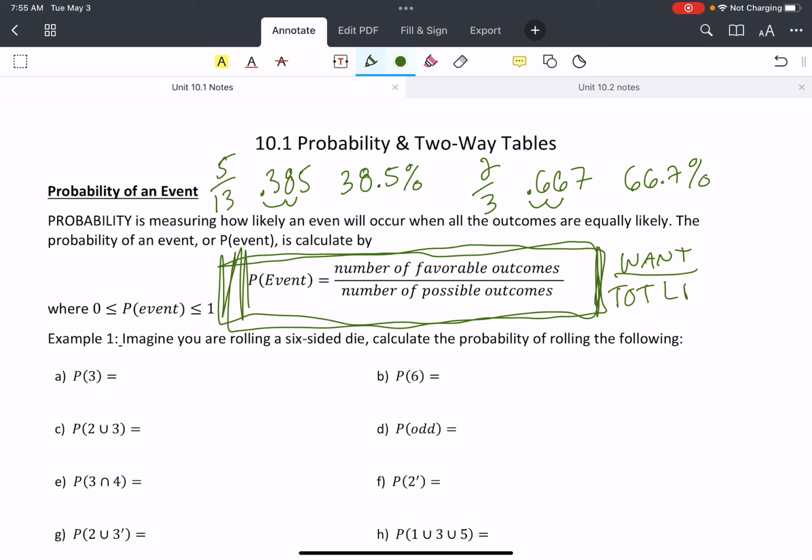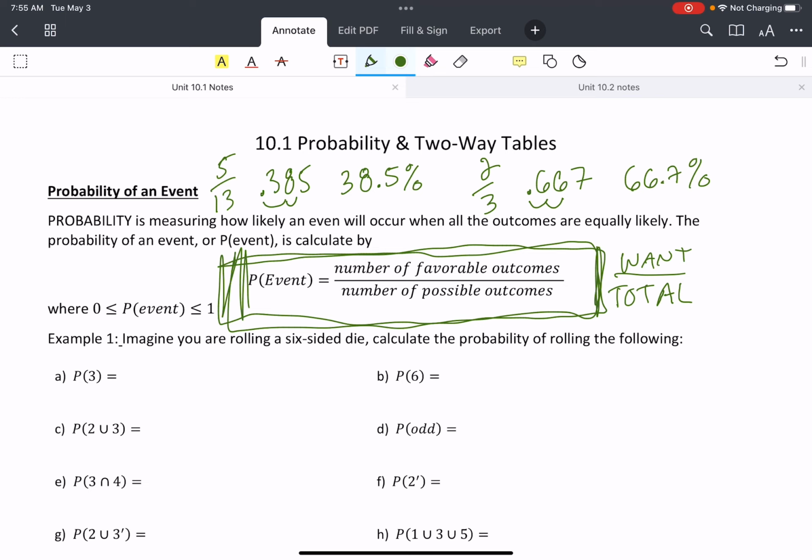So you'll hear me say a lot today, want over total, want over total. That's what probability is. It's what I want to happen over the total number of possibilities, okay?